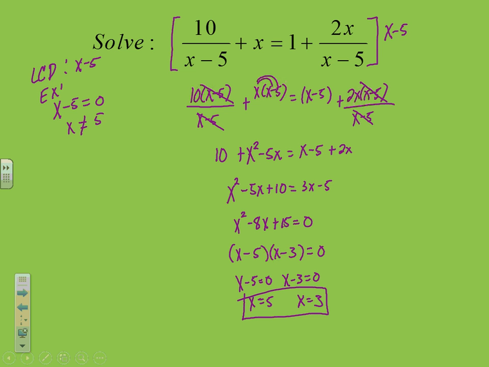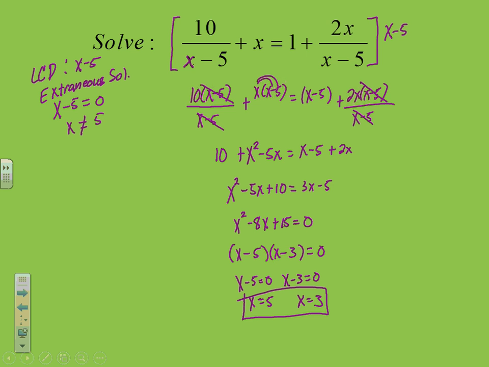Here we're checking for extraneous solutions. All we're doing is taking the x minus 5 from the denominator of the original problem and saying, well, x cannot be 5, because if I put a positive 5 in here for x, that's going to give me a 0 in the denominator.